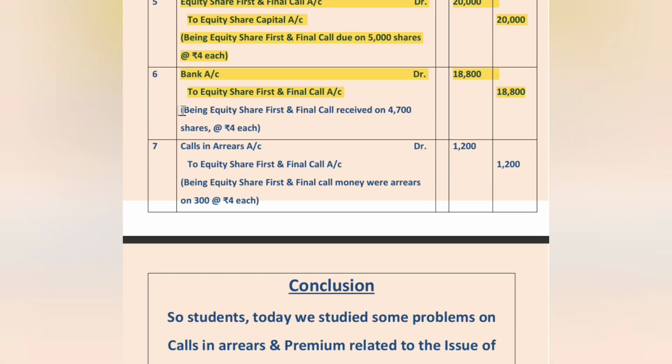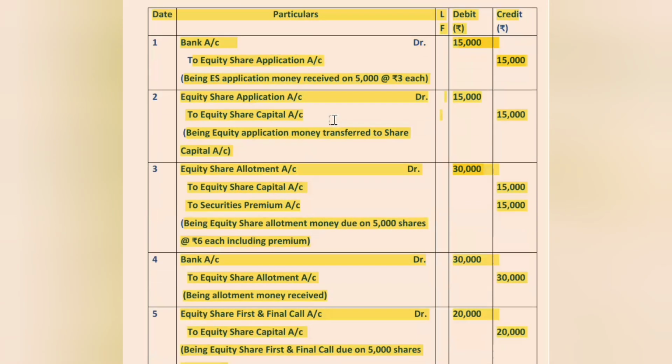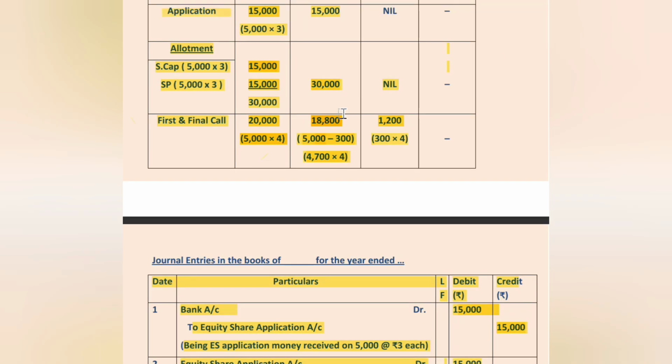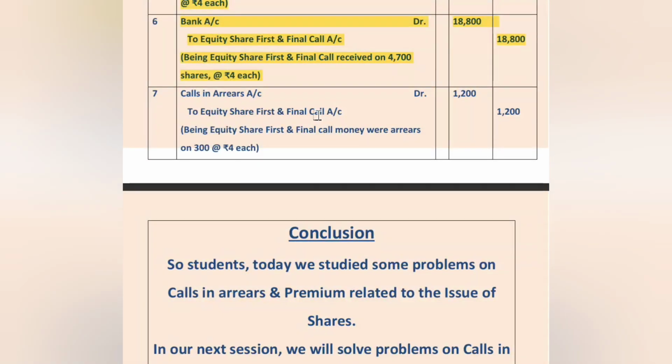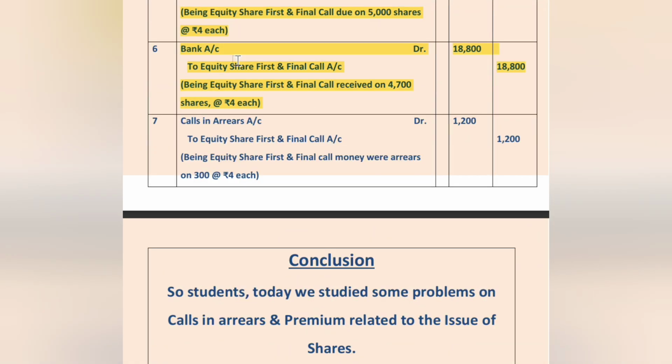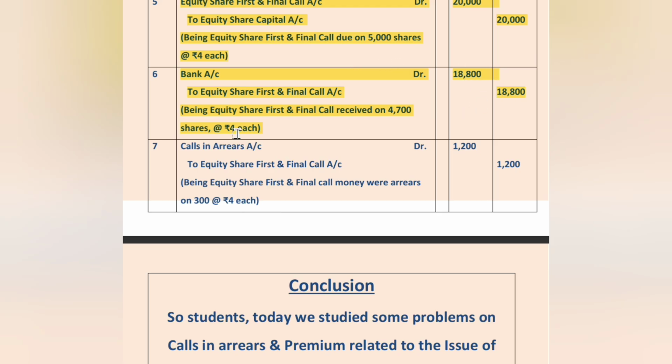And how to write the narration? Being equity share first and final call money received on 4,700 shares at rupees 4 per share. So that is 18,800, 18,800.